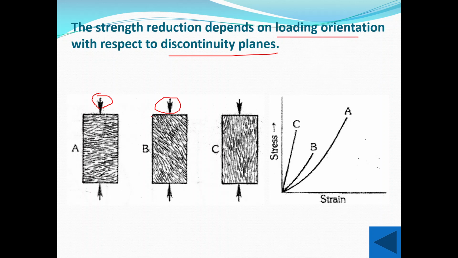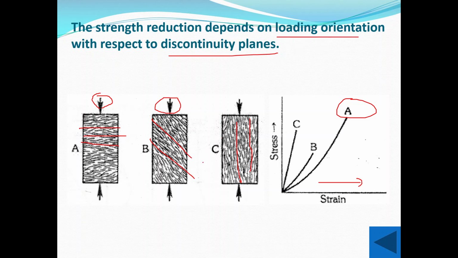If we have these foliation directions, horizontal, vertical, or inclined, the results differ. When the foliation is horizontal, perpendicular to the loading direction, it gives high strength and higher strain.